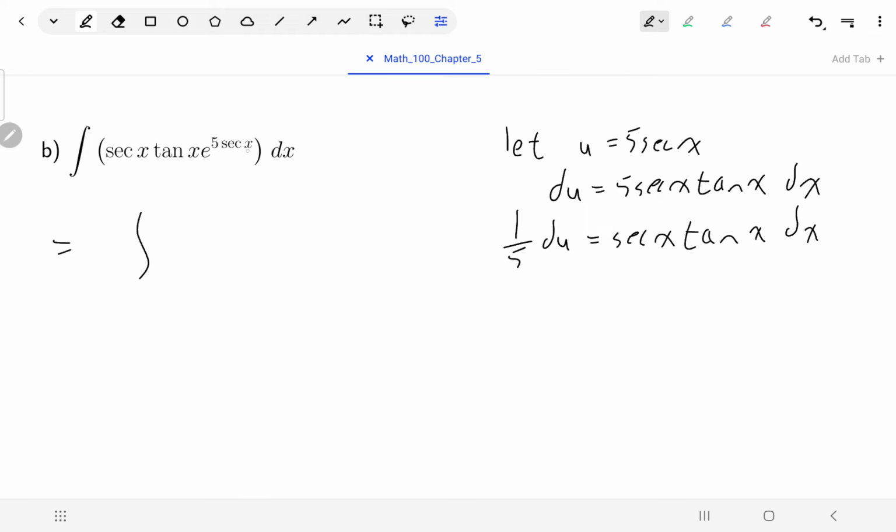The e to the 5 secant x is now e to the u, and the secant x tangent x dx is replaced with 1/5 du. Now we know what we're going to get: 1/5 e to the u, which is 1/5 e to the 5 secant of x, plus our constant c.